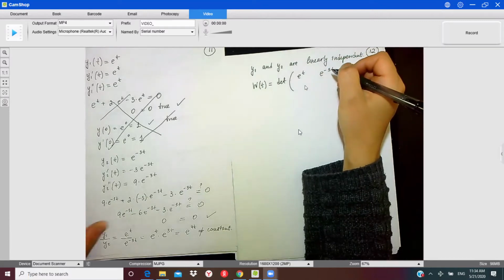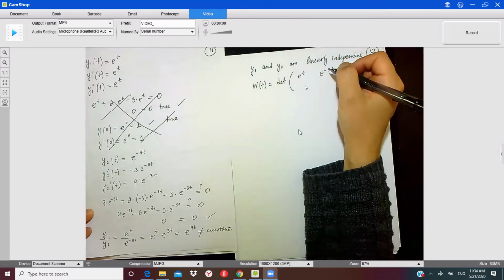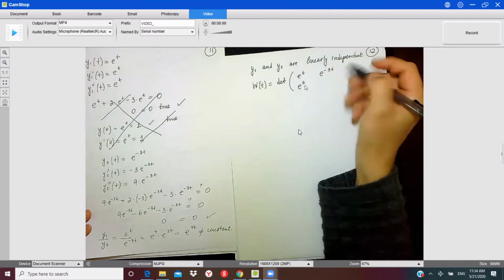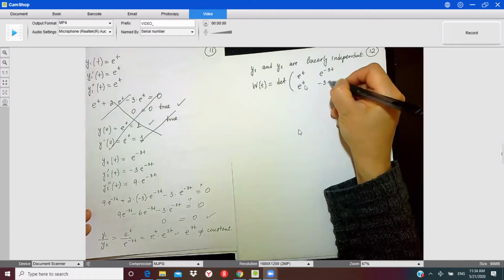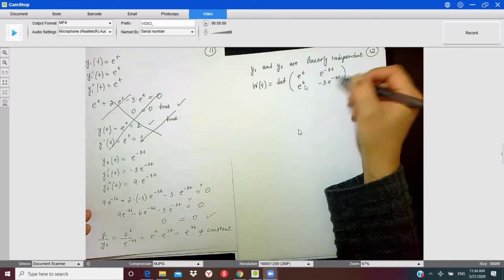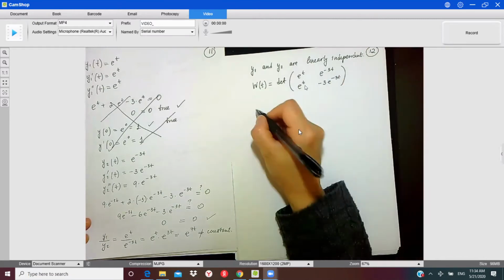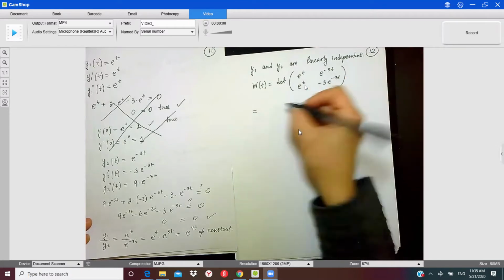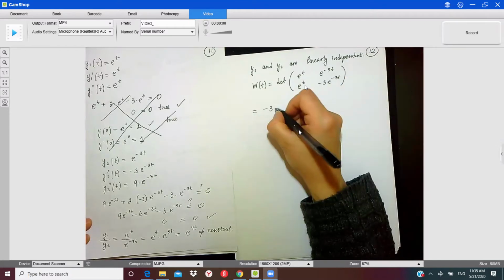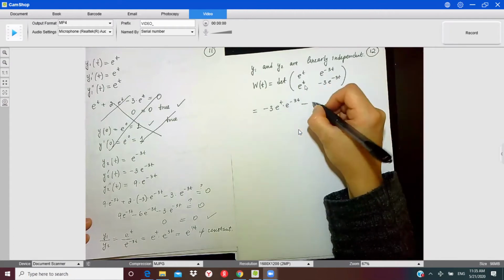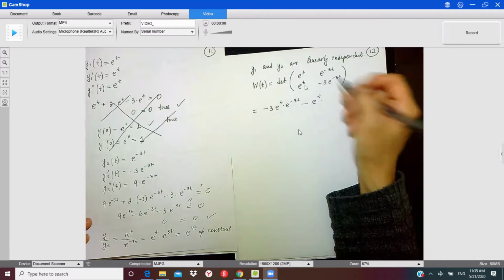And the second row will be the derivative of the first, and then here we have the derivative of the second solution. So let's multiply along the first diagonal and subtract from it the product along the other diagonal.